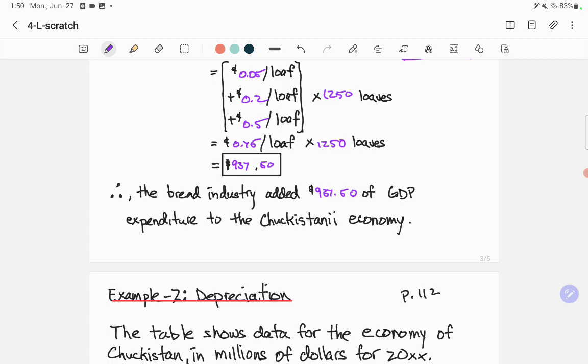There may be a question that asks you for income. Be prepared. But the calculation does not change. All you're doing is summation.